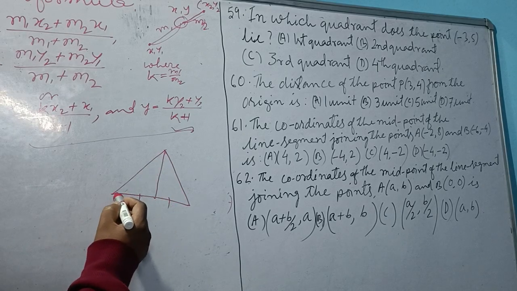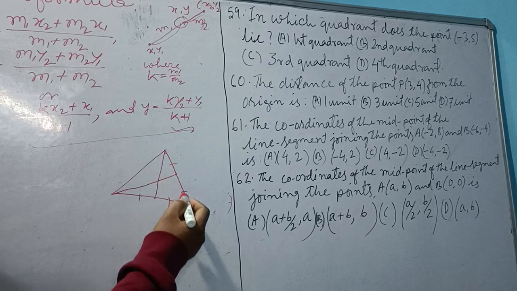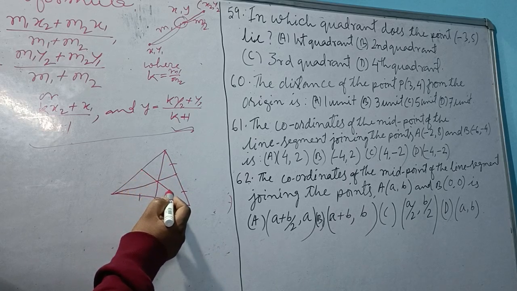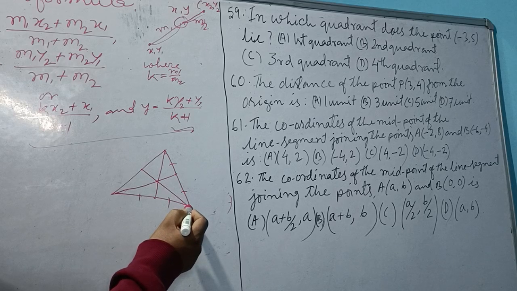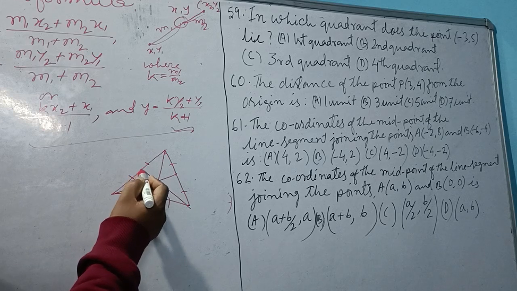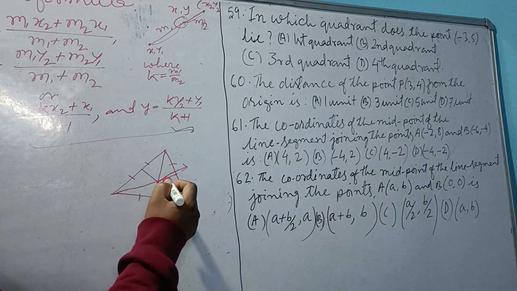Here also another line we are making from this vertex joining this side at its middle point, bisecting the side. And here also this line from this vertex intersects this side, bisecting it. So this point of intersection is called the centroid.